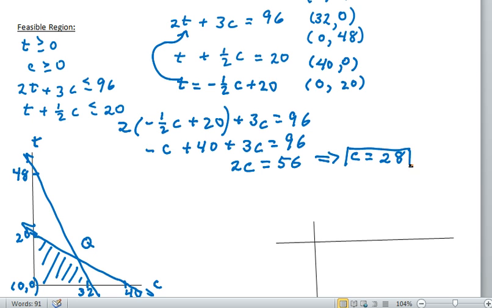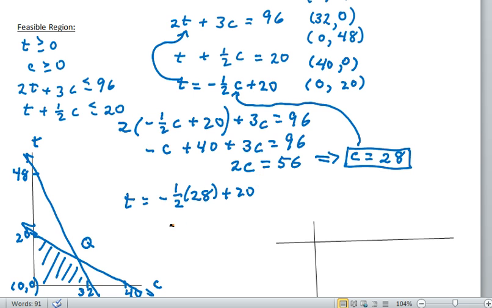Now we're going to back substitute that value of 28 into the second equation and get that T equals negative 1/2 times 28 plus 20, which is equal to negative 14 plus 20, or 6. So Q has the coordinates 28 and 6.